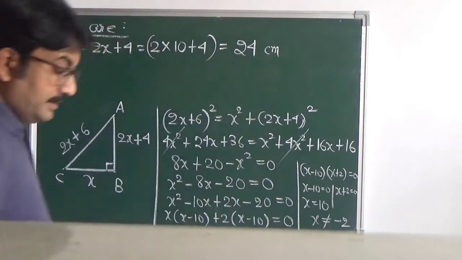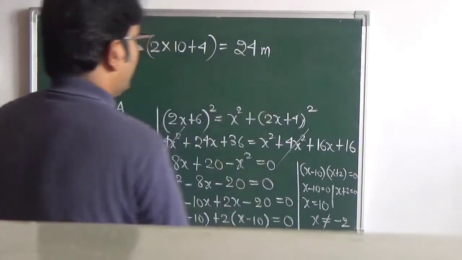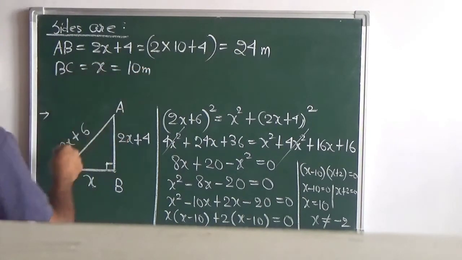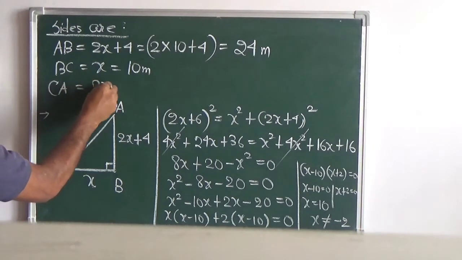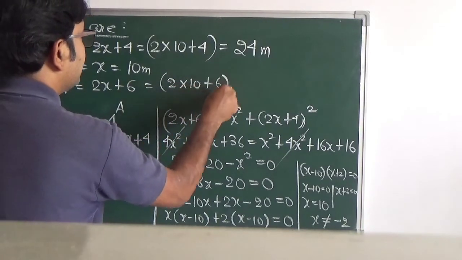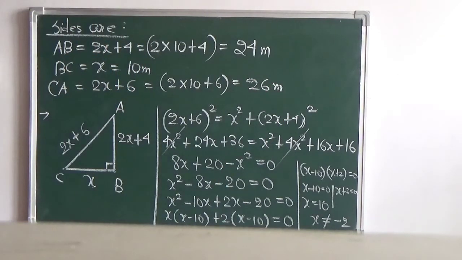If we take the units as meter, then we have the side BC is equal to x equals 10 meter, and then the third side CA is 2x plus 6, so 2 into 10 plus 6, that is 26 meters. So therefore the lengths of the sides are 10 meters, 24 meters and 26 meters. So now we move on to the next question.